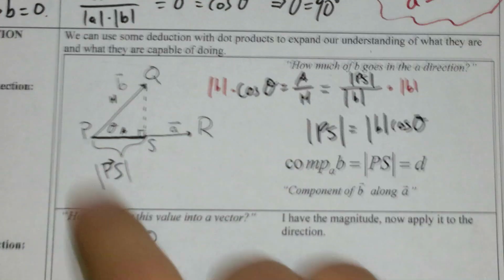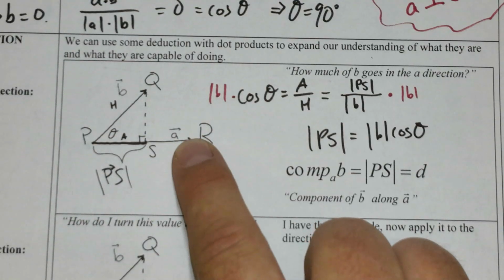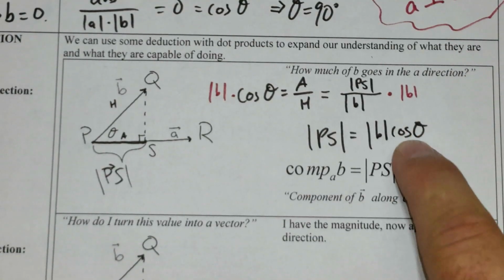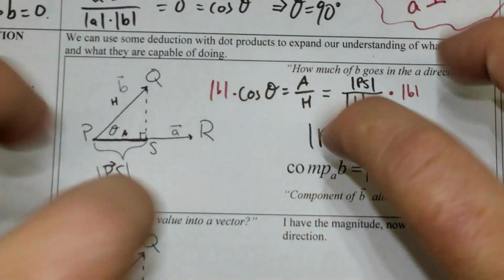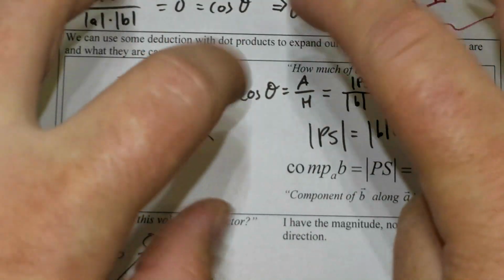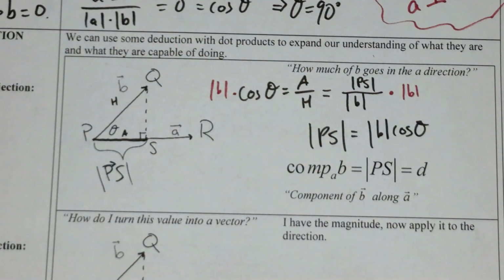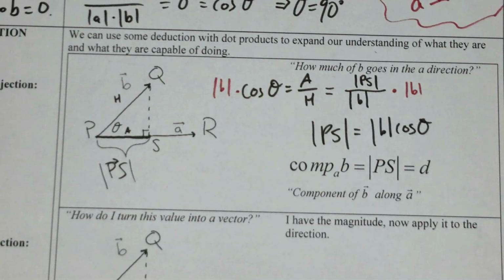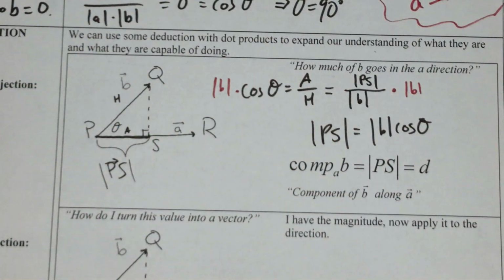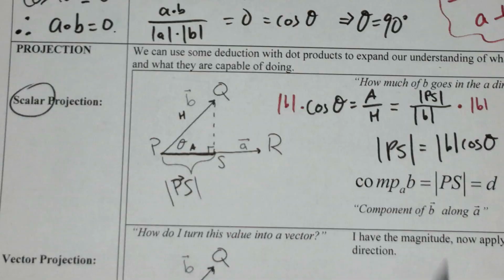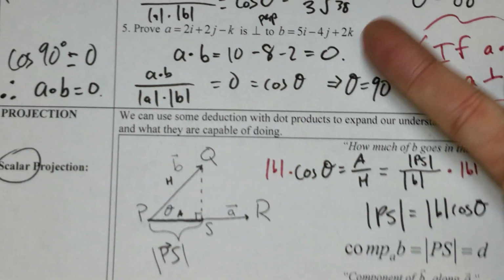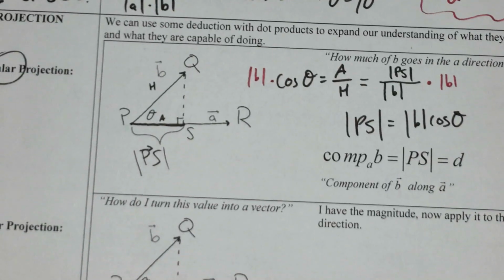In this case, I'm setting my horizon to be one of the vectors. So it's the amount that's headed in the direction of A, because I set A as my x-axis. I set A as my x direction. I call it D as a distance here, just to show this is a scalar quantity. What comes out is a number, just as a dot product gives you a number.